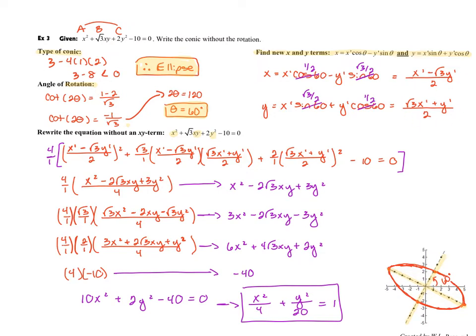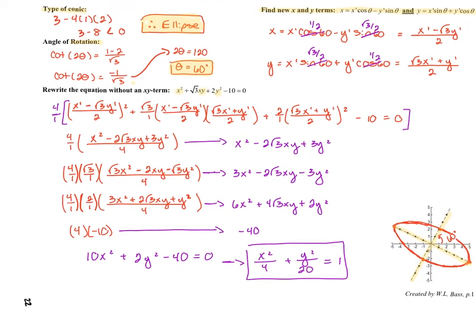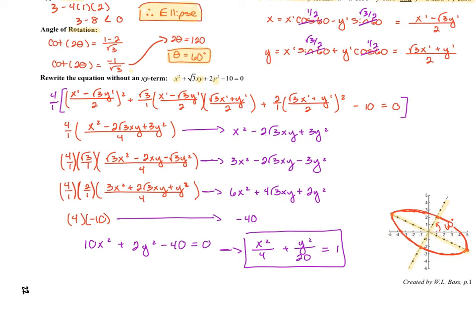It's going to get messy, but I'm going to show you a good way to organize your work so that you can keep track of it. So now I'm going to slide this up a little bit, and I want you to follow along and make sure that you can see this right here is my x term, and I've put parentheses around it to square it. This is my new x term, this is my new y term, and I'm following this.